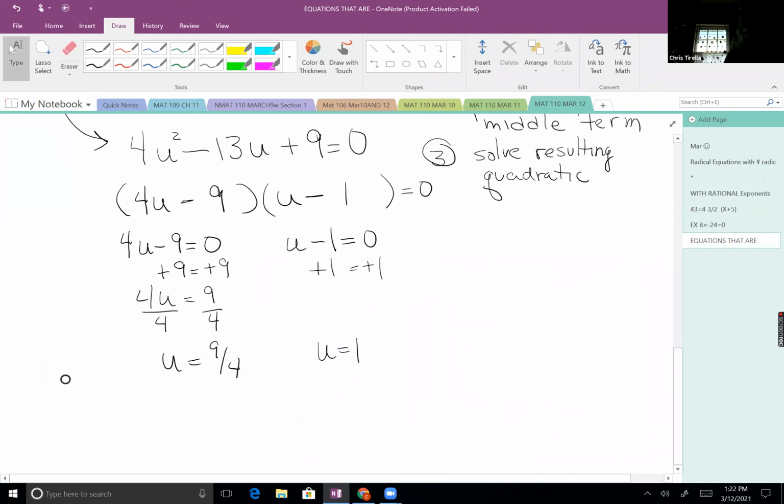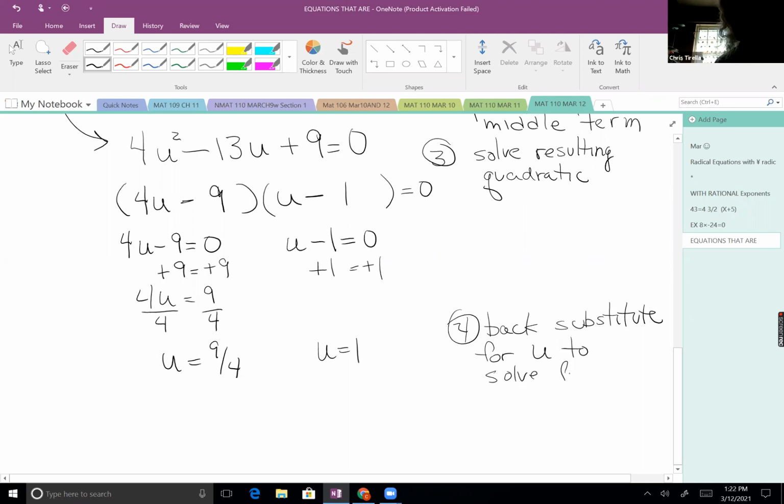So now we have to back substitute for u to solve for the original variable. What? Back substitute for u? What does that mean?